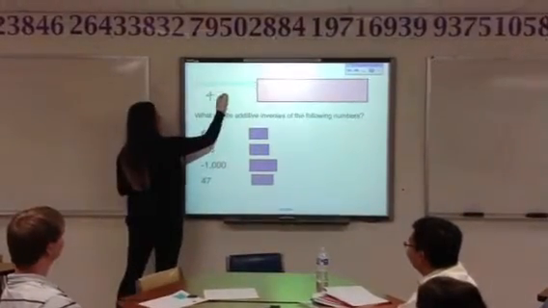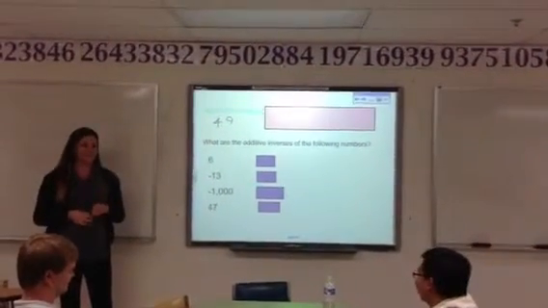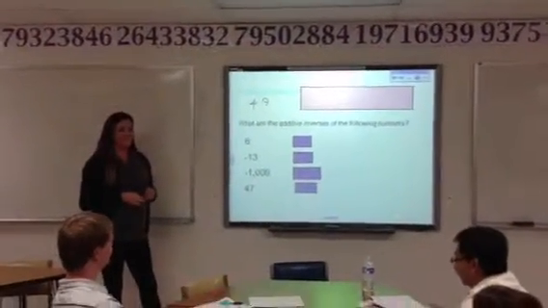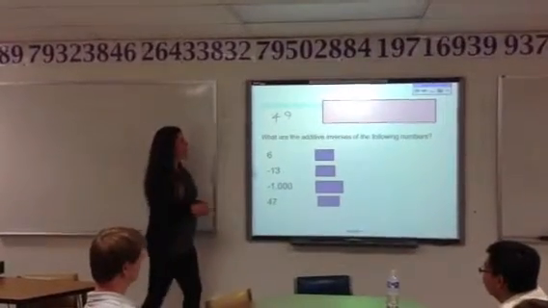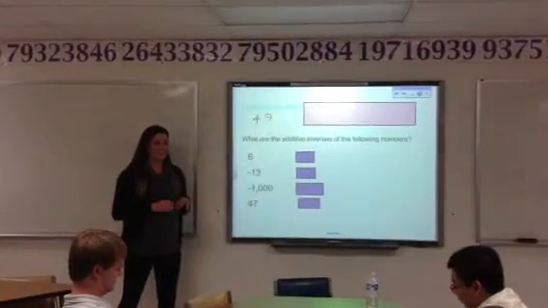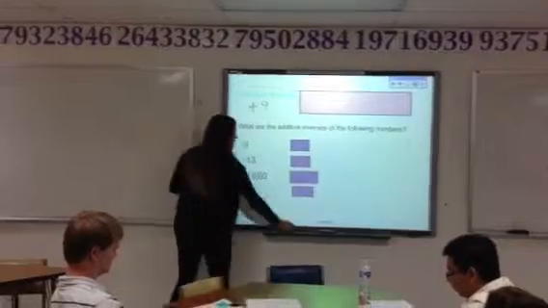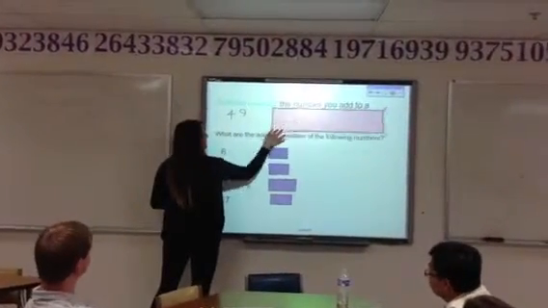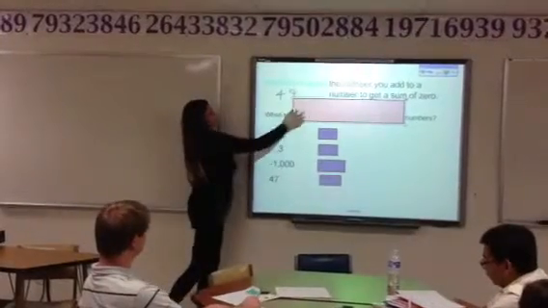Like 9, alright, I see what you're saying. Not quite, can anyone help him out? Lindsay? Well, for 4, it'd be -4. Okay, so we're looking for a number, and what do we have in common? When you add them together, they equal 0. Good. So the number you add to a number to get a sum of 0. Perfect.